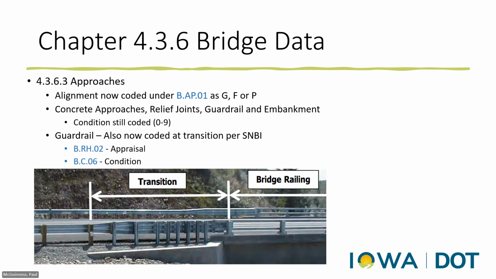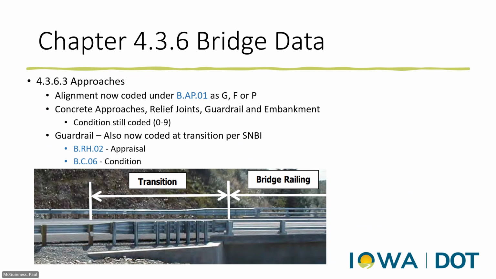And here I think we discussed the bridge railing a little bit earlier. And now the transition is part of the coding, where you use the same value for the condition of the railing based on the crash test evaluation.